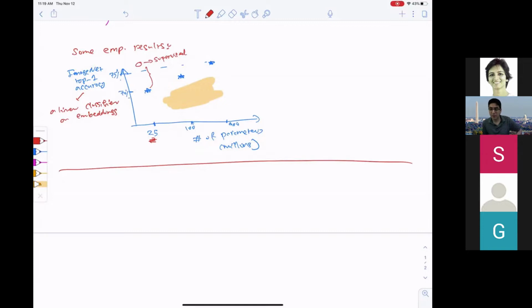But when we are learning those embeddings, we don't know what the downstream tasks are. That's in contrast with semi-supervised learning, where you have unlabeled data and some labeled data, you know the task, and you try to solve that task at hand. Okay, any other questions?